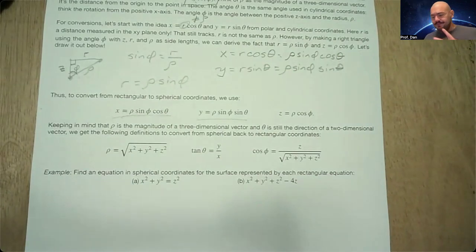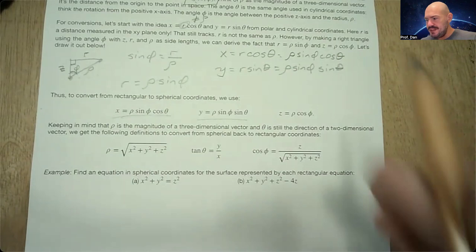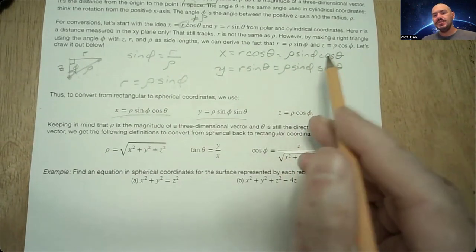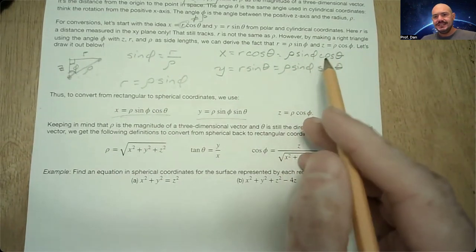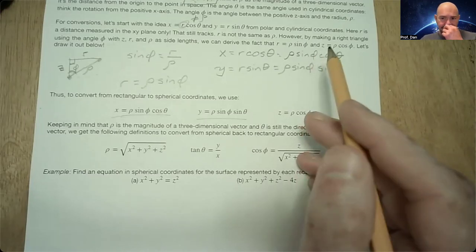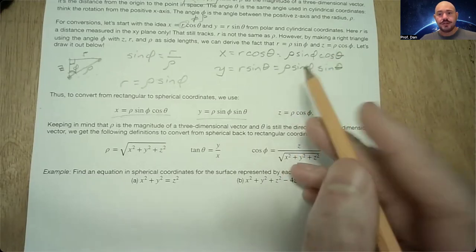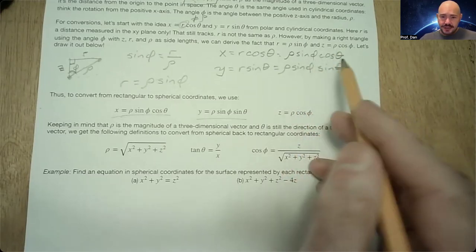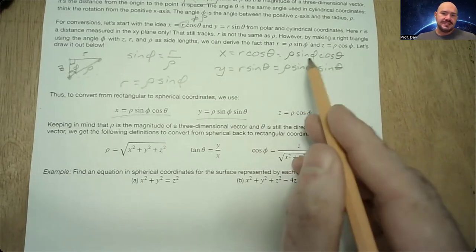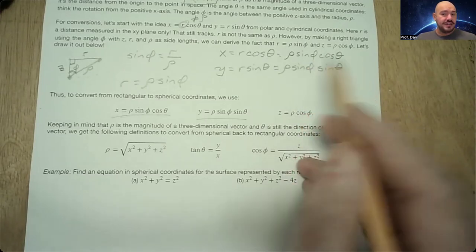Another thing I want you to be aware of, you might be looking at this and thinking, oh, that looks a lot like the sine double angle identity. It's not. The reason it's not is because remember for all of your trig identities to work, the arguments, the angles that are being used in these trig functions have to be the same. That's phi, that's theta, they're not the same.